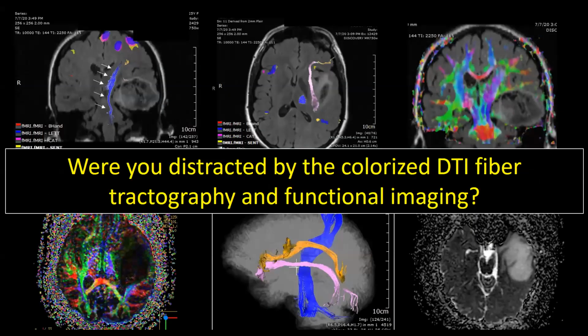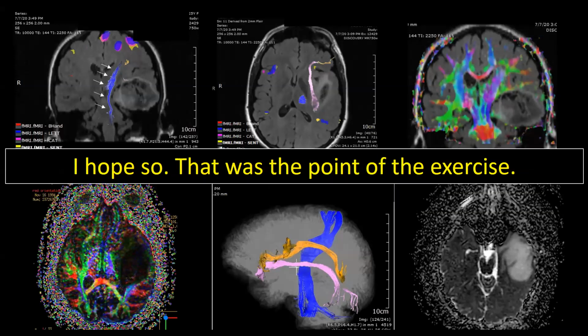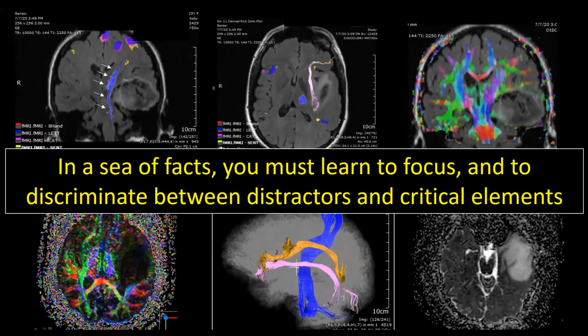Okay. Were you distracted by the colorized DTI, diffusion tensor imaging, fiber tractography, and the functional imaging? Did that distract you? Well, I hope so, because that was the point of the exercise. All right, in a sea of facts, you have to learn to focus and to discriminate between distractors and critical elements, right? Break it down. Now, all of the DTI stuff here is used for pre-surgical planning. It is beautiful. It's neuroanatomy. It is magnificent.